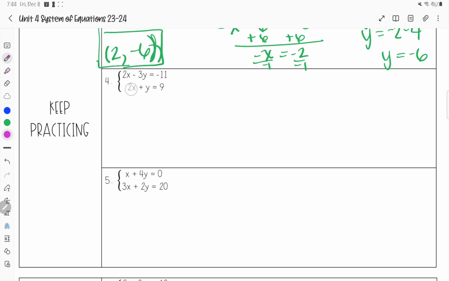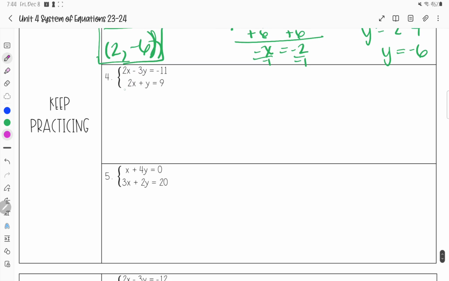I personally am going to choose to solve this one right here because y has nothing attached to it. So the only thing I have to do is subtract this 2x. So now I'll have y equals 9 minus 2x. Now I can very easily plug it in and go from there because now I have a y equals.